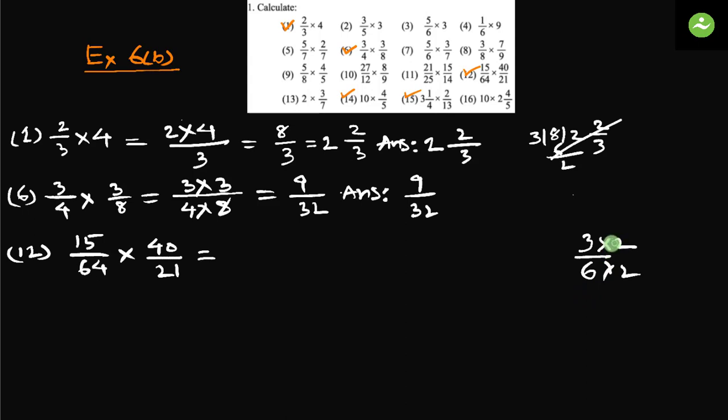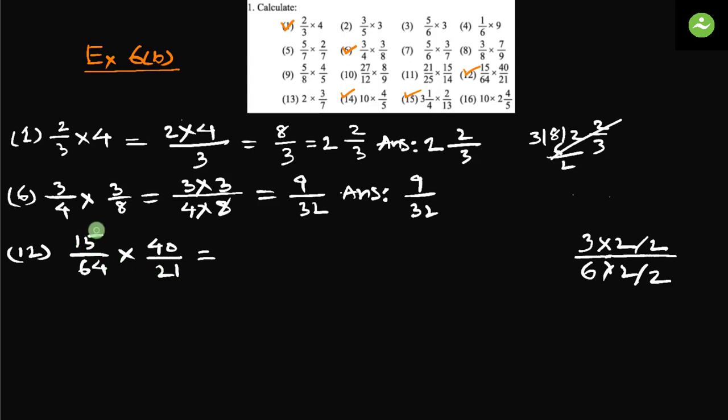If we divide both numerator and denominator by the same number, for example by 2, the value doesn't change. So we can divide the numerator and denominator by the same number. We have to check which numbers we can divide. For example, 15 we can divide by 3, and we can divide 21 by 3.